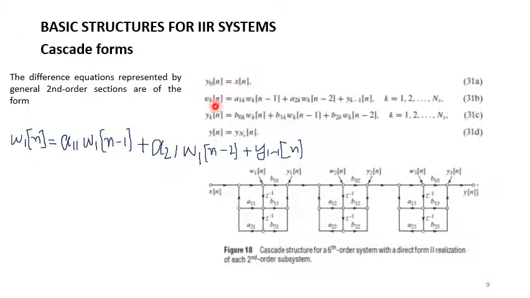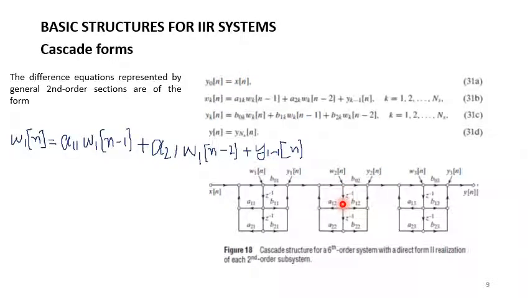So you understand, by replacing k with 1 we get the values for this node. So you see there's 1 unit delay and scale by a11, plus 2 unit delay and scale by a21, plus the input signal, which is y of 1 minus 1, which is y of 0. So y of 0 is basically x of n.